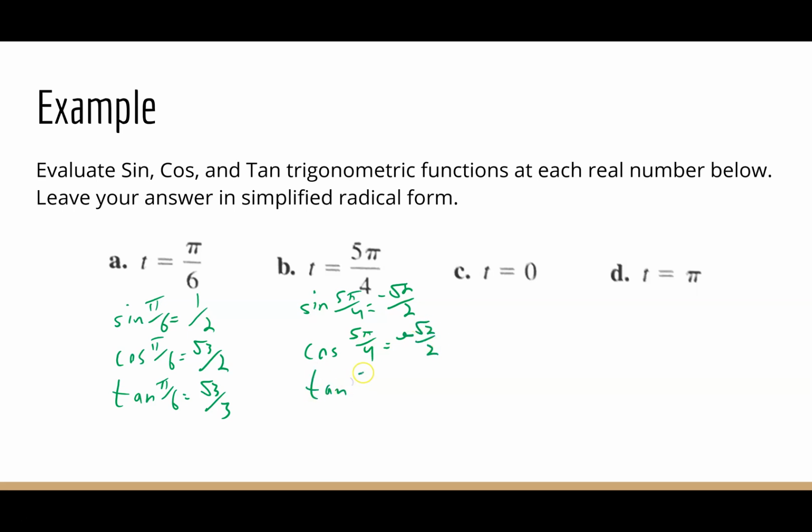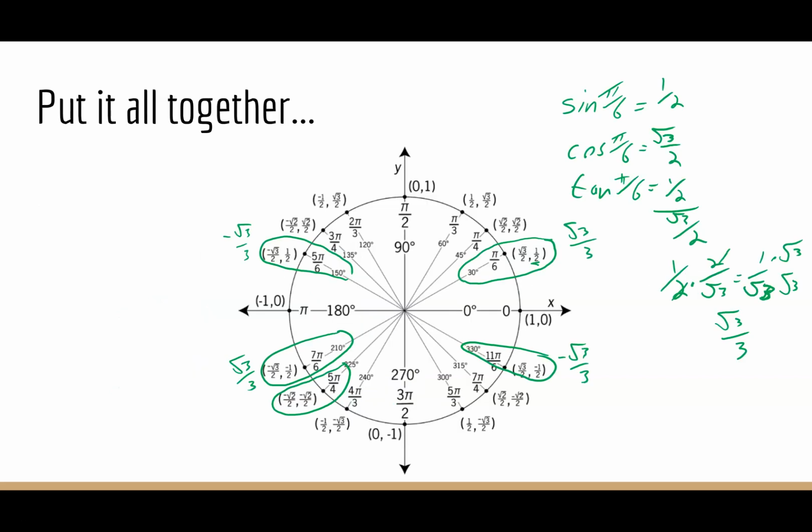Tangent 5 pi over 4 is 1. Because x and y are the same, so y over x is just 1. Which, if we go back, tangent is 1 there, means it's 1 there, means it's negative 1 there, and negative 1 there. So now we've got a bunch more tangents. Okay?